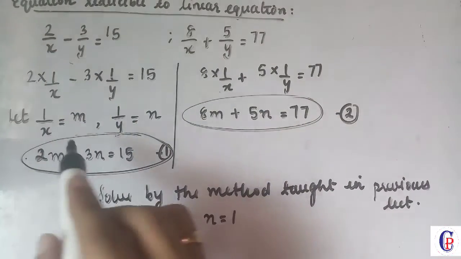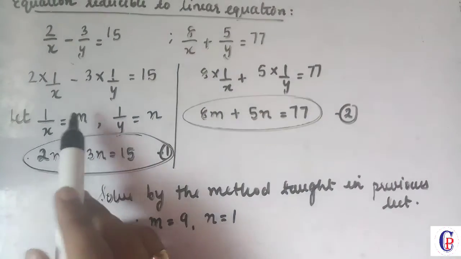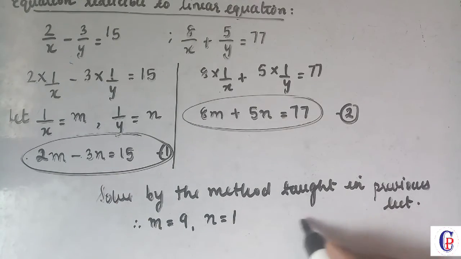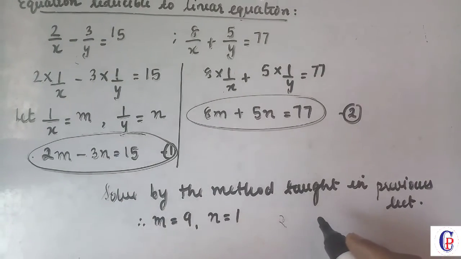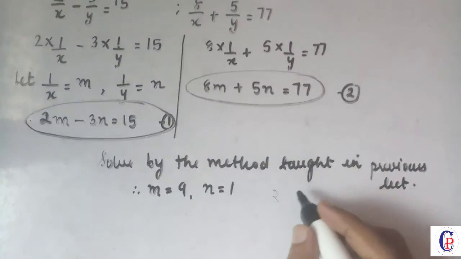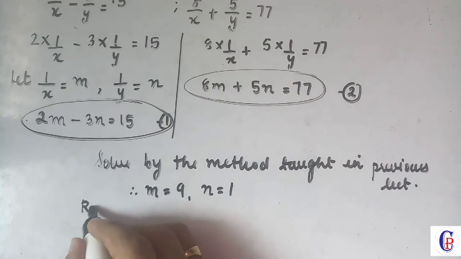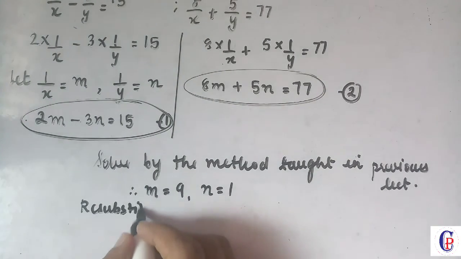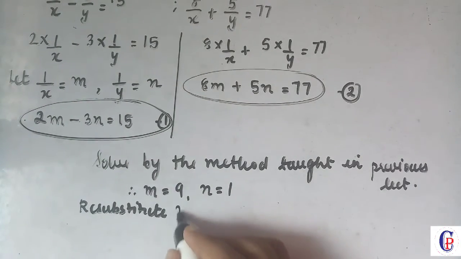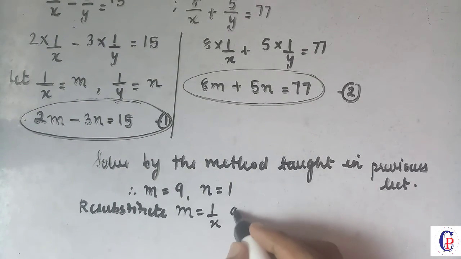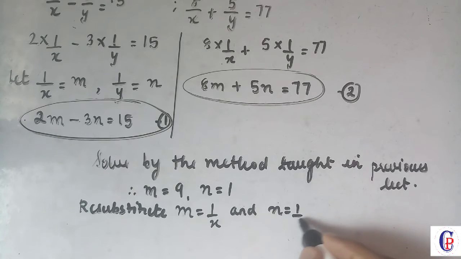We had assumed 1 upon x as m, so we will resubstitute the value. Now write this in reverse, that is m is equal to 1 upon x and n is equal to 1 upon y.